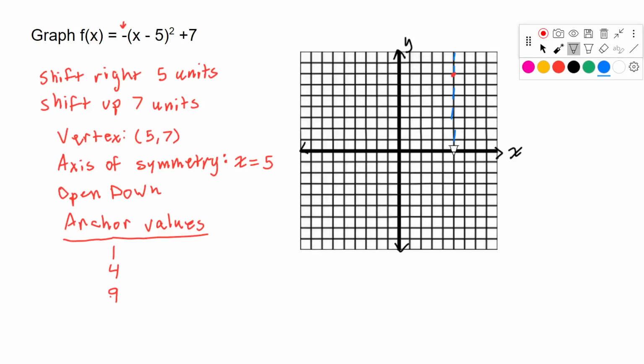You might find it helpful to draw that in. And this time, when I go to the right of my vertex 1 unit, I'm actually going to go down 1 unit. If I go to the right 2 units, I'm going down 4 units, and 3 units to the right of my vertex is going to take me down 9 units.